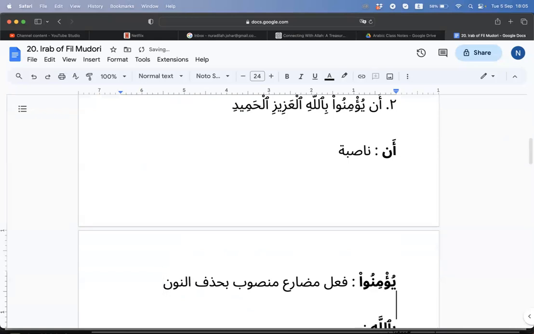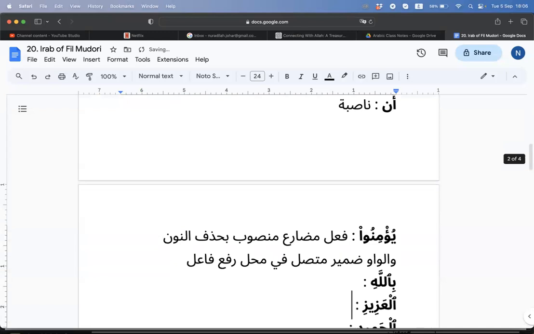Hum. What letter does it use in Irab? The waw. The waw is what kind of dameer? Dameer muttasil fi mahali raf', fa'il. Good. Billahi.